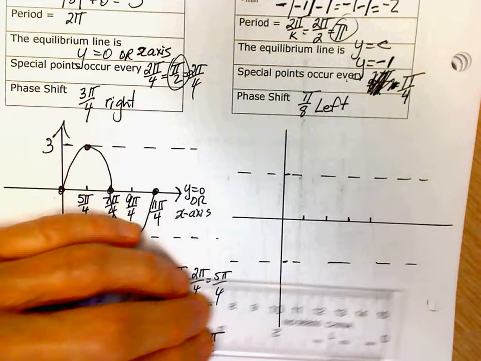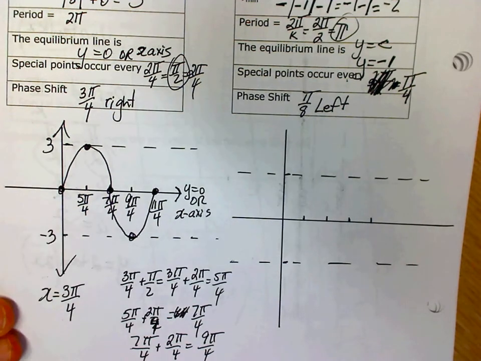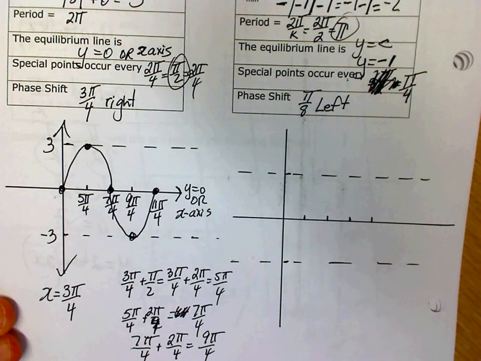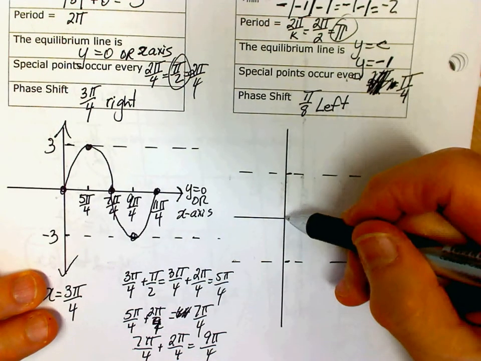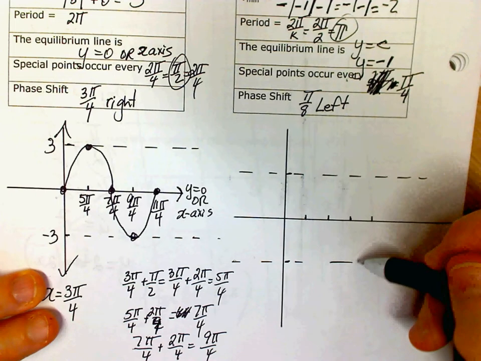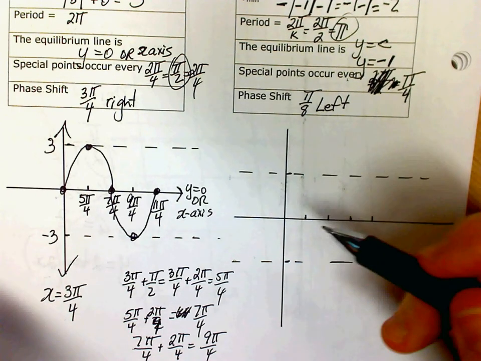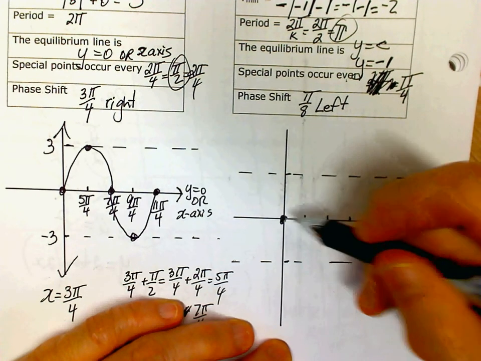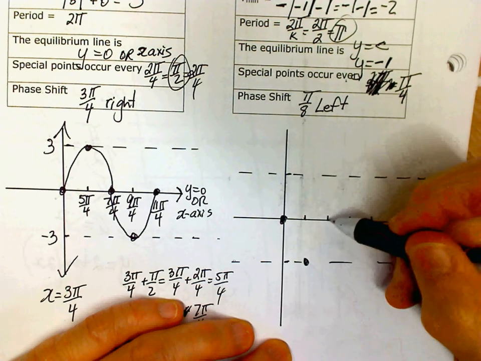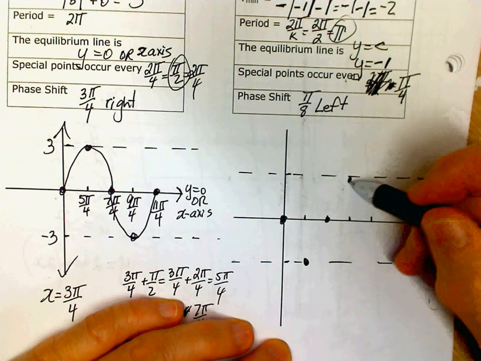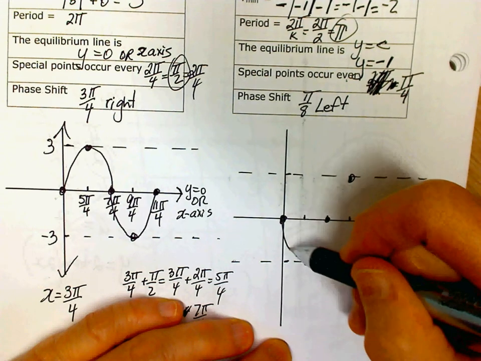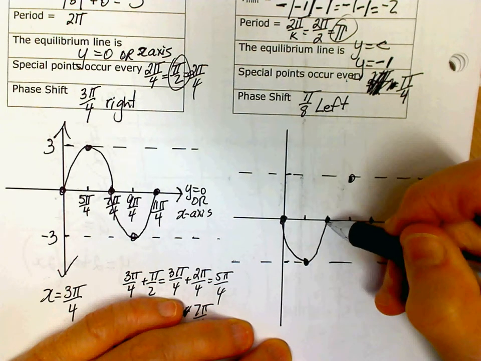So this is a sine function that's been reflected, right? So usually sine goes up, down, down, up, but because it's reflected, it's still going to start there, but it's going to go down and up and up and down. So it's just going to look like this. Now we just have to fill in the scale.